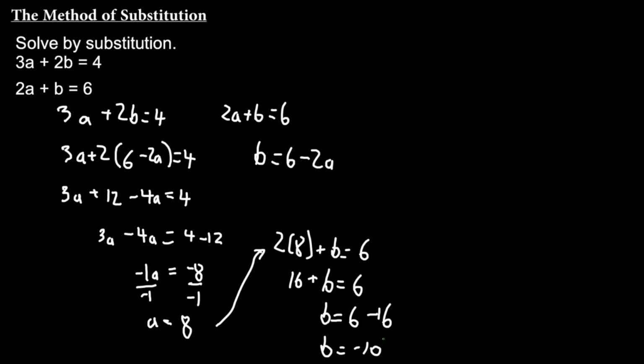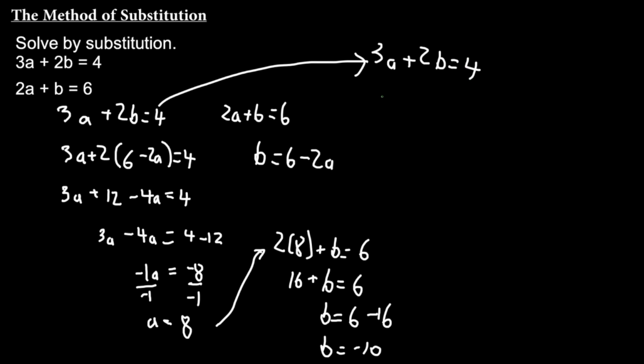Now, something you can do to check your answer is to substitute 8 and negative 10 into your original equations and see if they make sense. So let's see here. So our original first equation is 3a plus 2b equals 4.